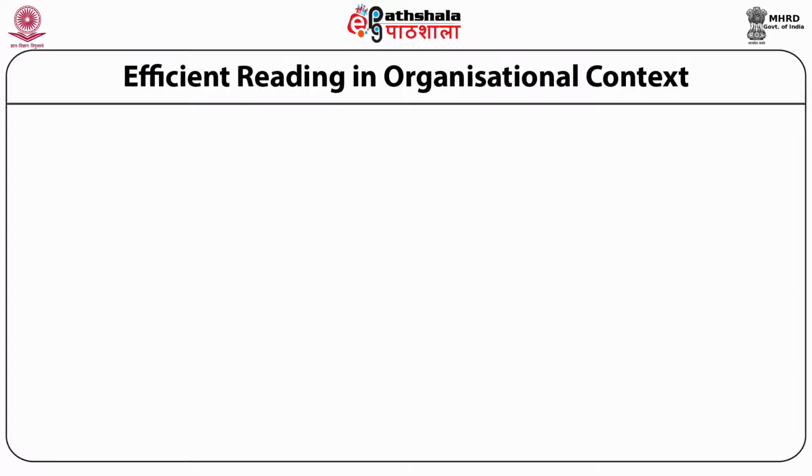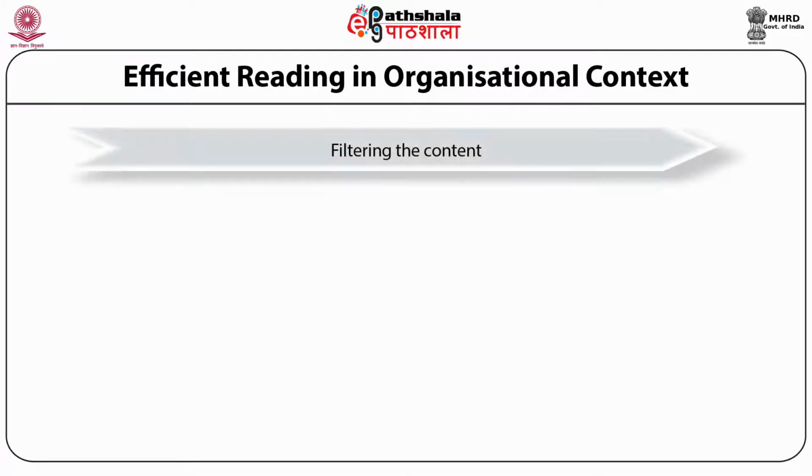In organizational context, speed reading is a very important skill that has to be acquired. Efficient reading techniques that teach people to read faster are: first, filtering the content. Filtering out unnecessary material and extracting key points from the rest.